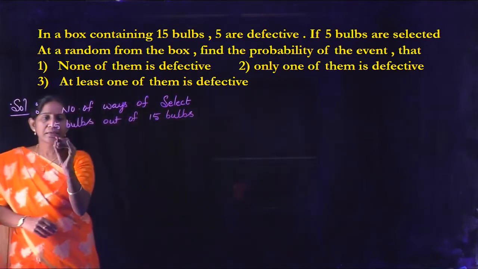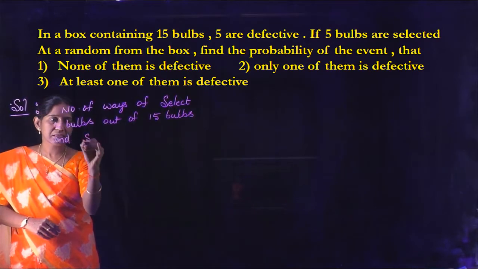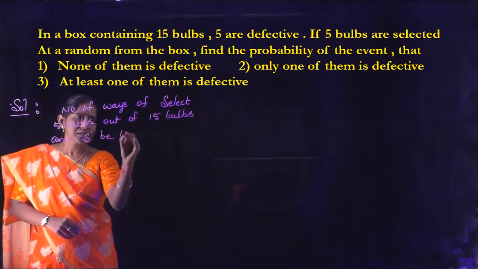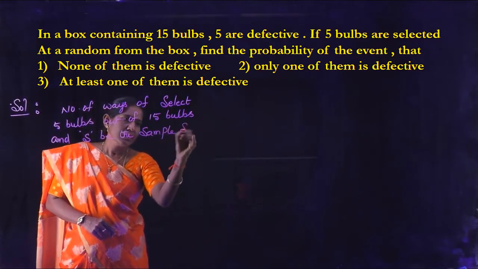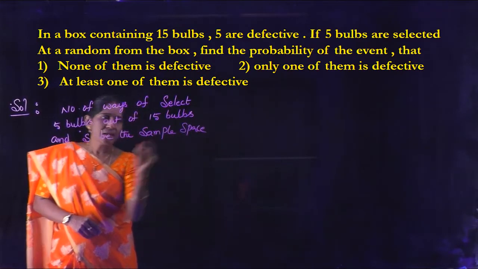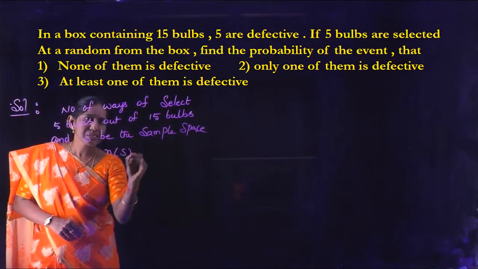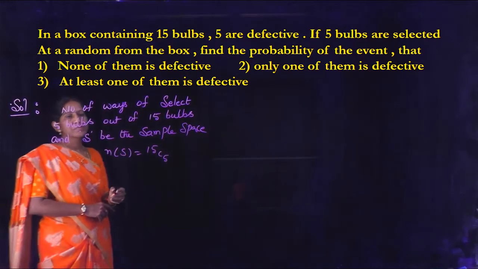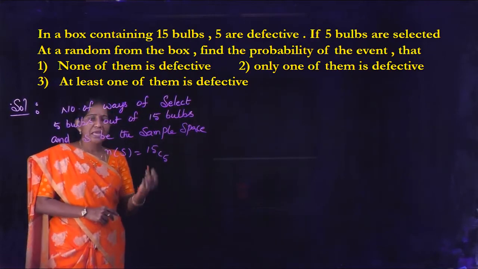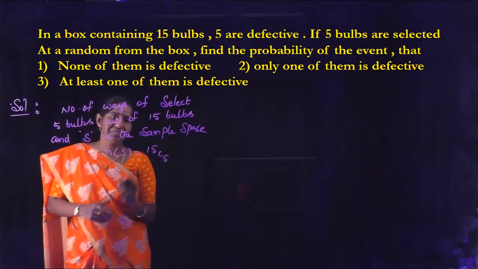Take the sample space S. Let S be the sample space. Then N of S is 15C5, since selecting 5 bulbs out of 15 bulbs can be done in 15C5 ways.